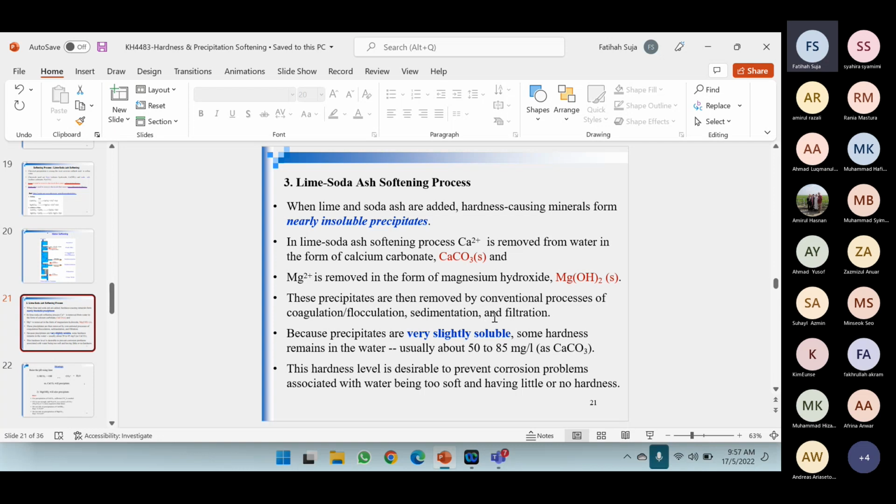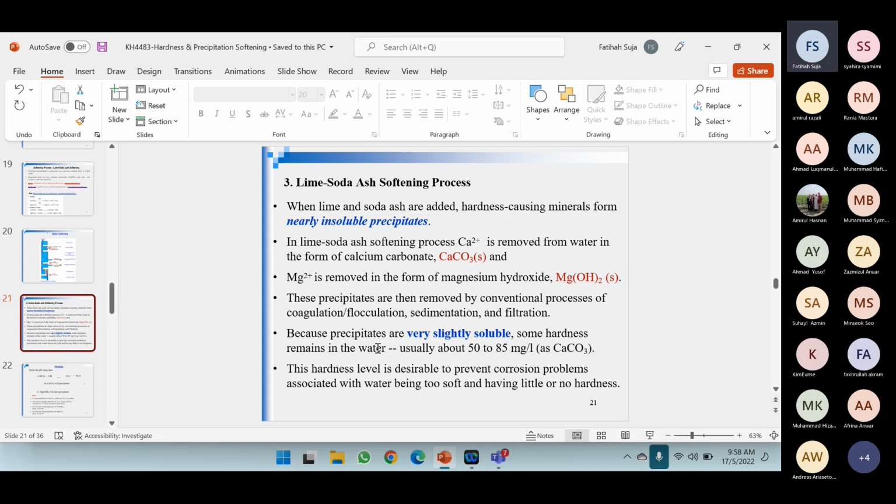So even though we learn about the softening process after coagulation, in week 5 or week 6, I don't remember, in your treatment process, if you have hardness in water, this unit operation is put earlier than coagulation, flocculation, sedimentation and filtration.